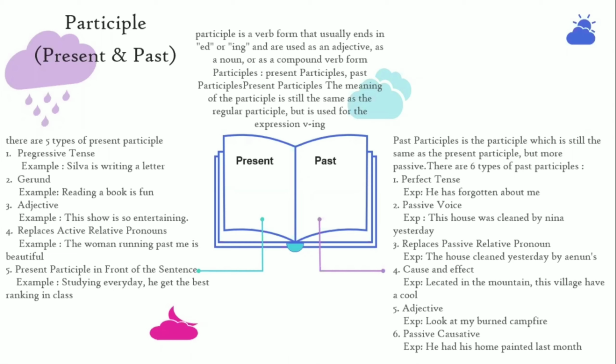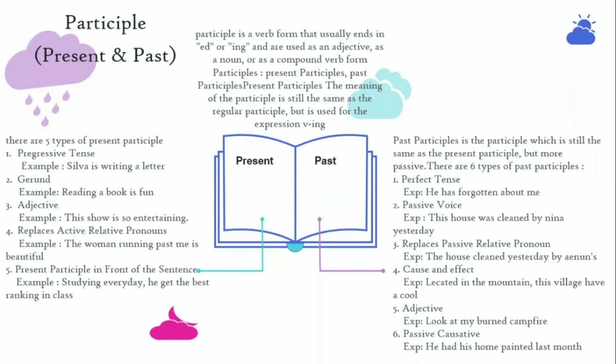First, present participle. A present participle is still the same as the regular participle, but is used for the expression verb-ing. There are 5 types of present participle. 1. Progressive tense. Example, Silva is reading a letter. 2.